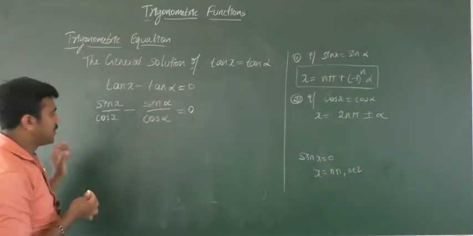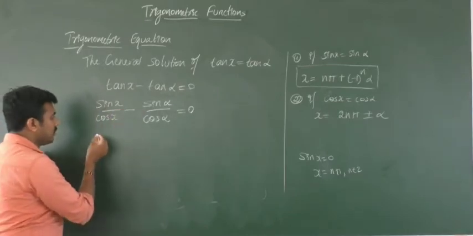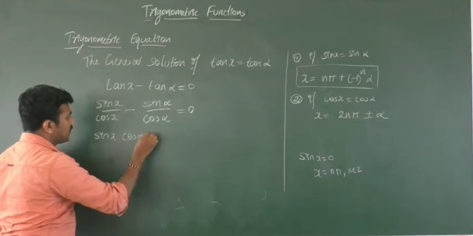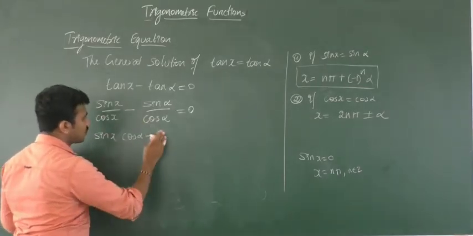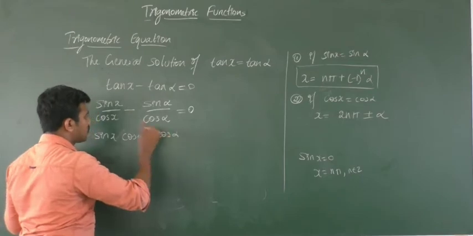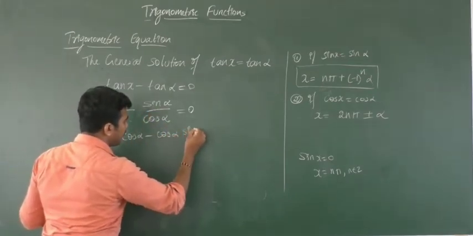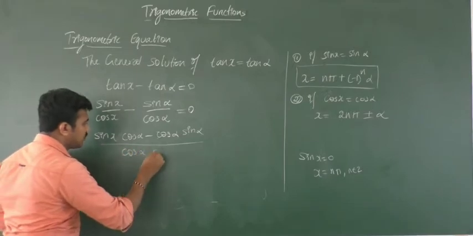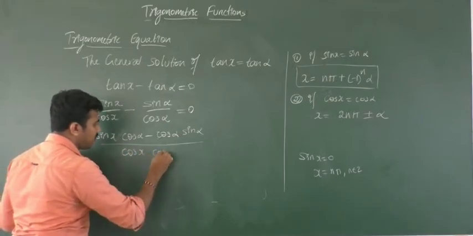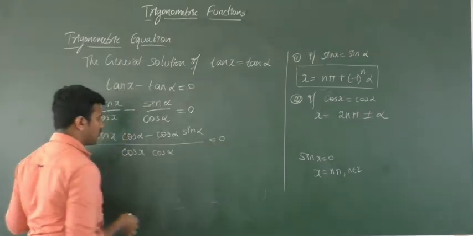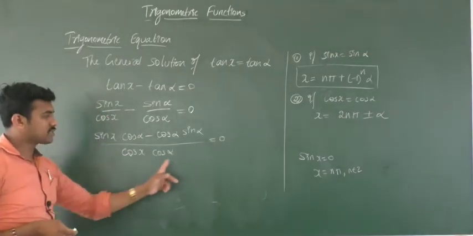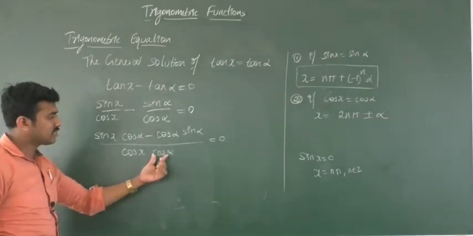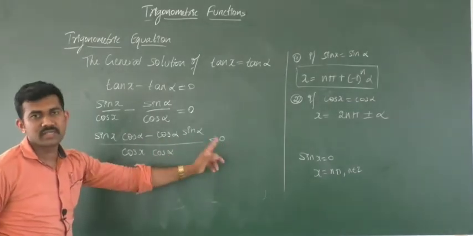Taking the LCM, we'll get sin x into cos alpha minus cos x into sin alpha, whole divided by cos x into cos alpha, is equal to 0. Now cross multiply cos x cos alpha to the right hand side, then cos x cos alpha into 0 is nothing but 0 only.